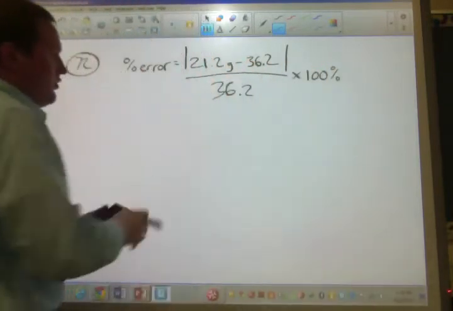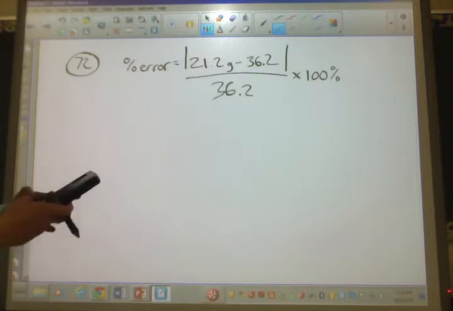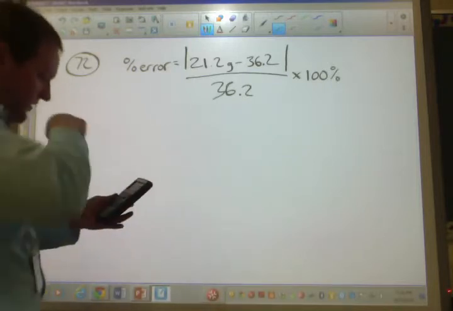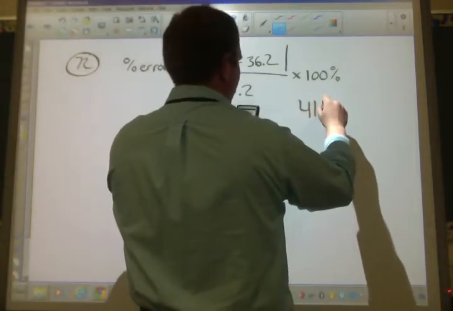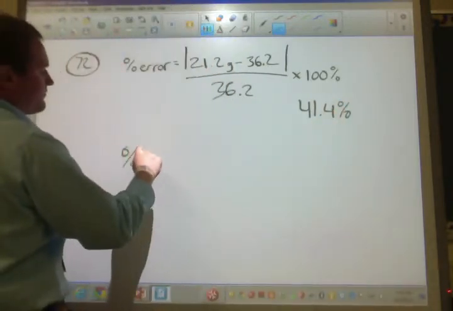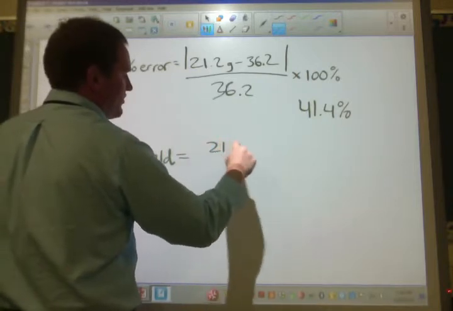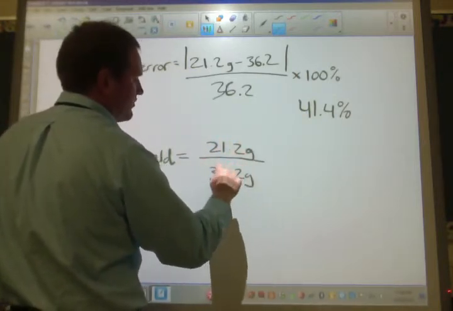So this is going to be negative, but we'll just make it positive because it's absolute value. 36.2 divided by 36.2, which gives me 41.4%.